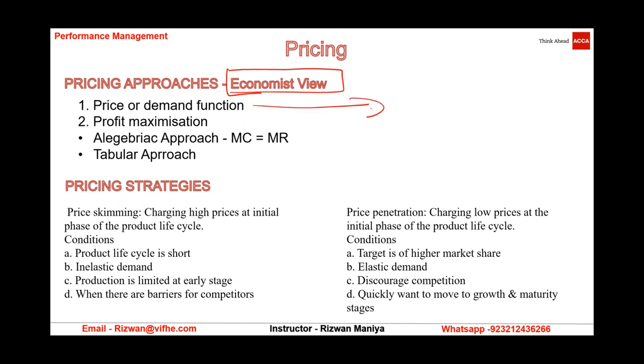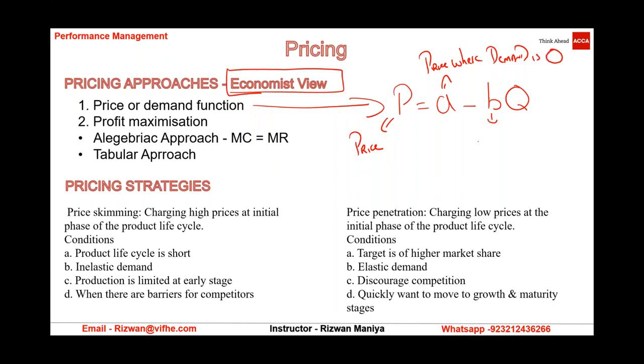You all know the price or demand function. What is the price or demand function? You should know that price is equal to A minus BQ. This is basically a price or demand function where P represents price, A represents the price where demand is 0, B is your slope or gradient, and Q represents your quantity.